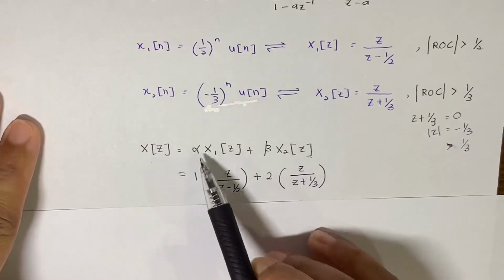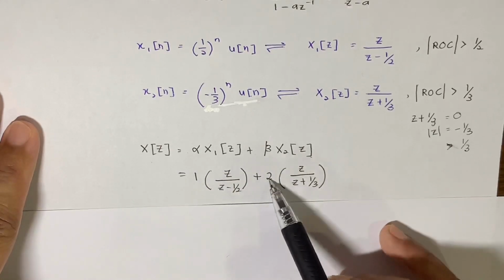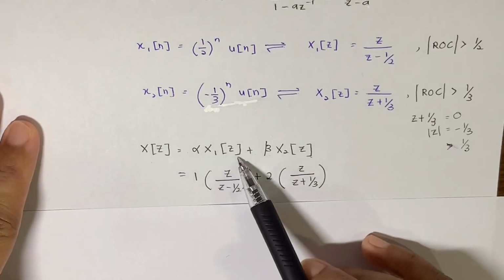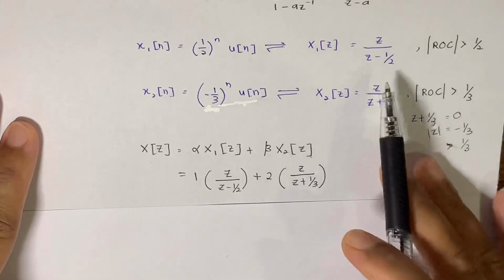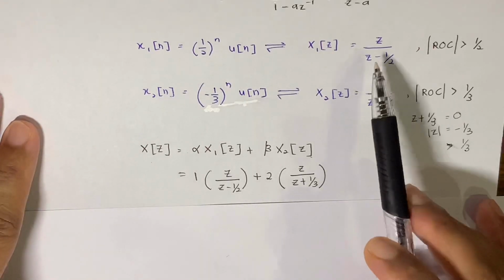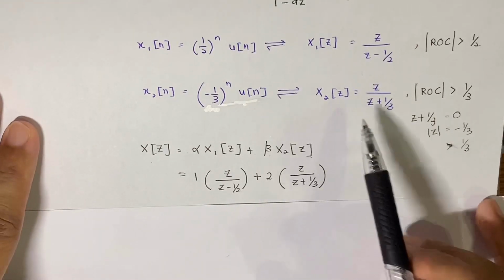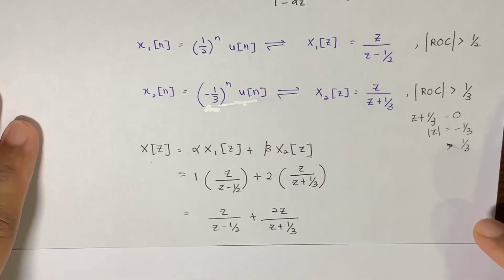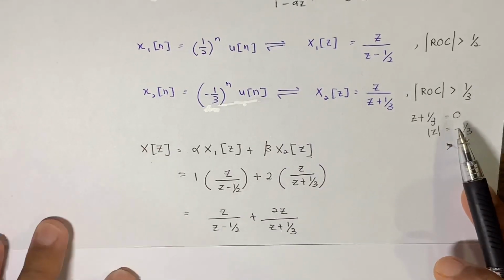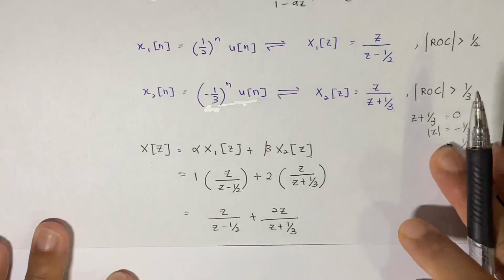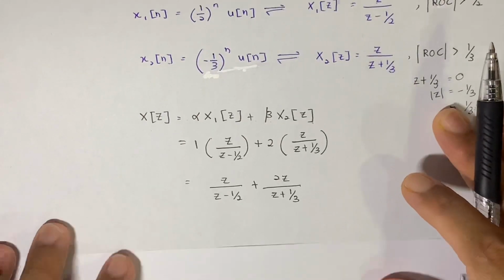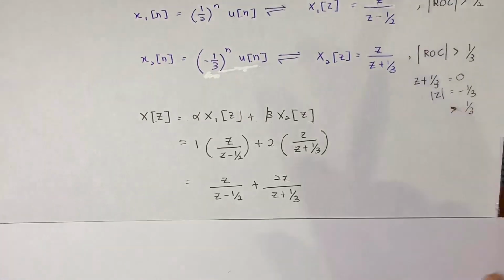Alpha is 1, beta is 2. X1(Z) and X2(Z), you can get from here. And then you just need to simplify it, and you will get this answer.